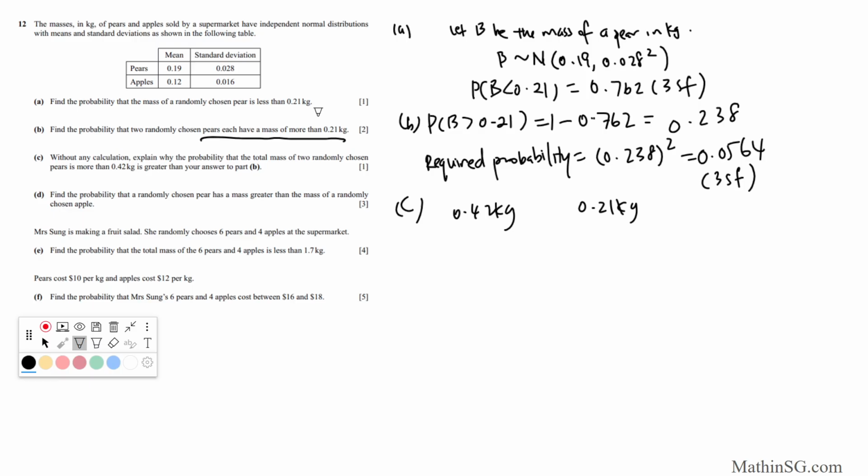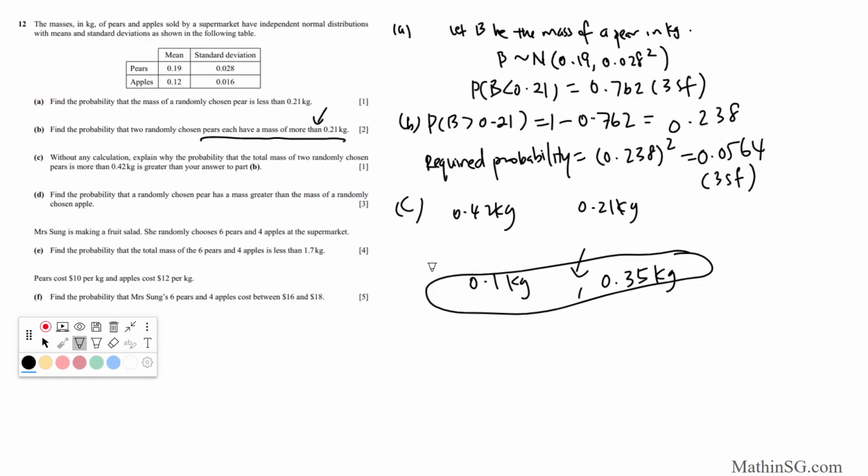For this one, I need both pairs to have a mass of more than 0.21 kg. But for these two pairs, their masses just need to add up to more than 0.42 kg. I can have one pair maybe being 0.1 kg and the other one being 0.35 kg, so I have more cases.